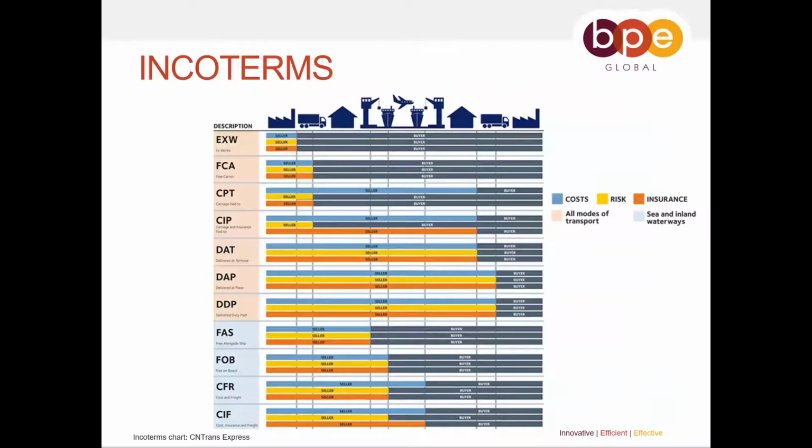So in this example, Ex Works, the seller pays for the costs at the factory, the risk at the factory, and the insurance at the factory, and they make the goods available at their dock. The trucker comes and picks it up, and the buyer is responsible for paying all the other fees. The reality is that many exporters think that's the safest thing to do.